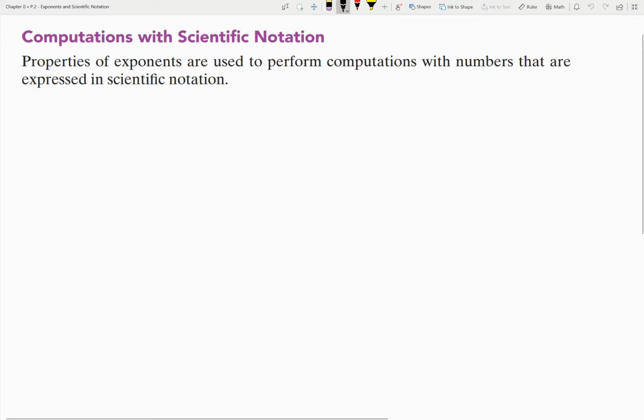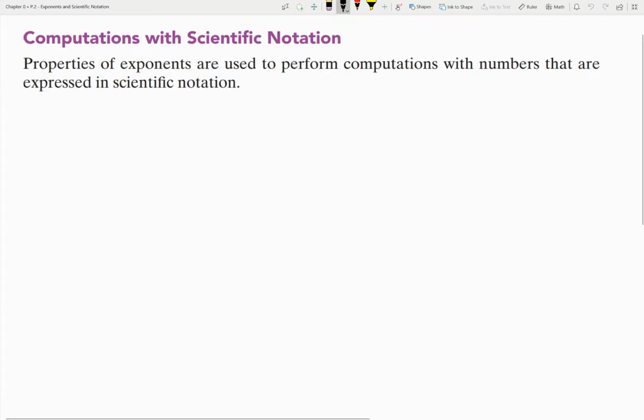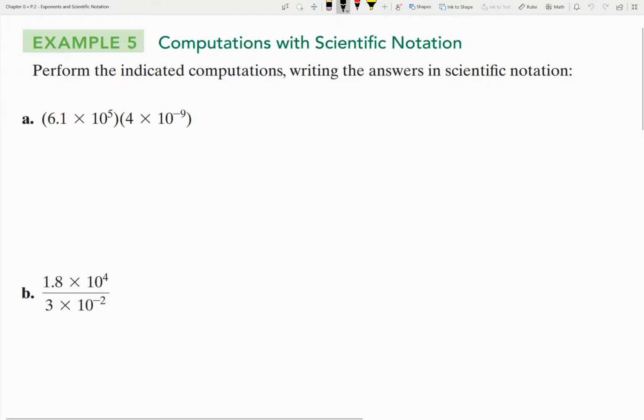So properties of exponents can be used to perform computations with numbers that are expressed in scientific notation. Okay, so this is why scientific notation kind of went in with this section that dealt with the rules of exponents. Because yes, we could just plug that problem into a calculator, and we're probably going to use a calculator anyway.